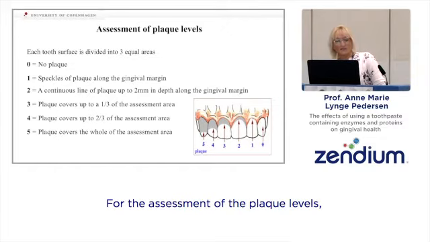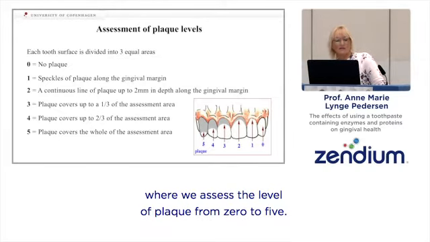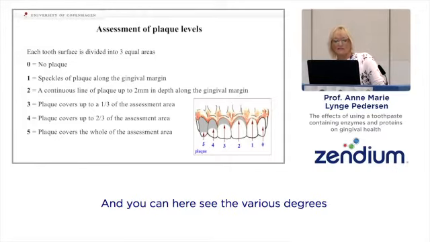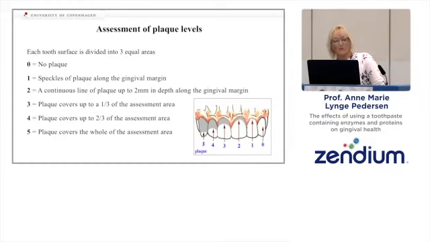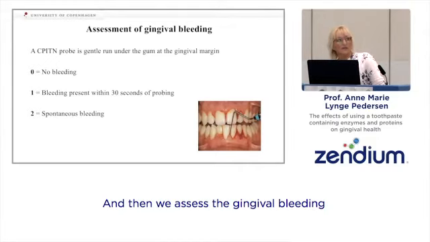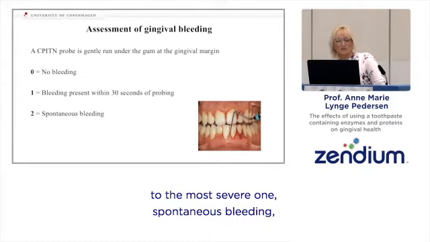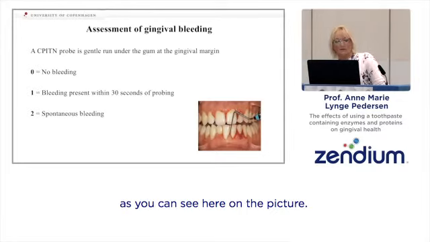For the assessment of plaque levels, each tooth surface was divided into 3 equal areas where we assess the level of plaque from 0 to 5, and you can here see the various degrees of plaque being present. And then we assessed the gingival bleeding by using a probe and scored from 0, no bleeding, to the most severe one, spontaneous bleeding, as you can see here on the picture.